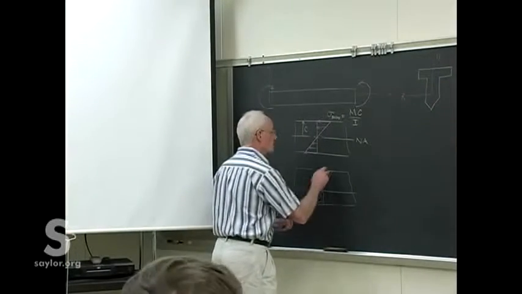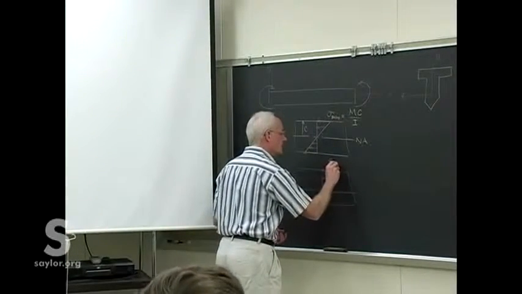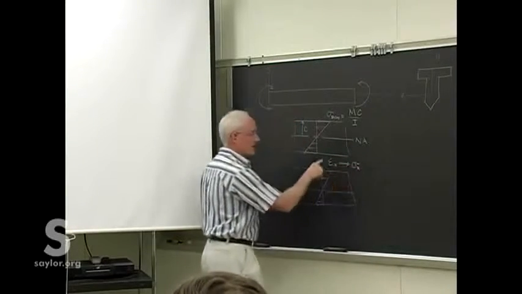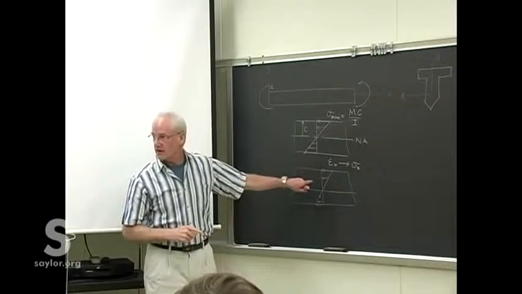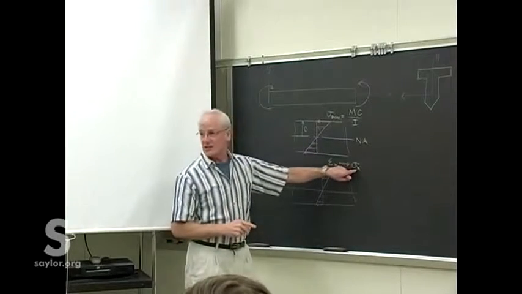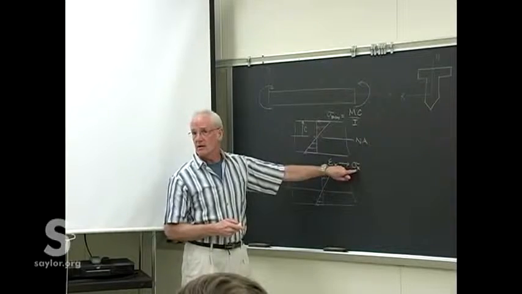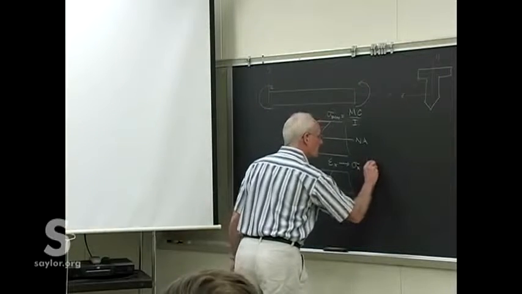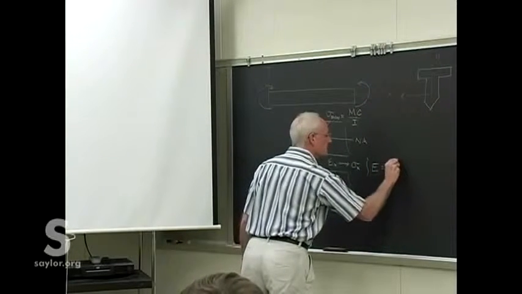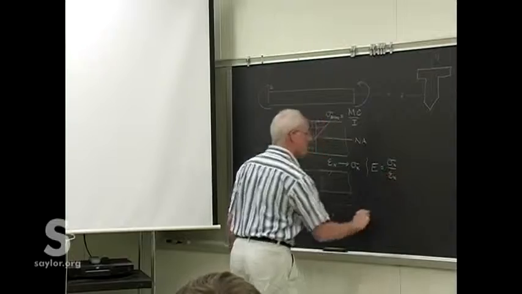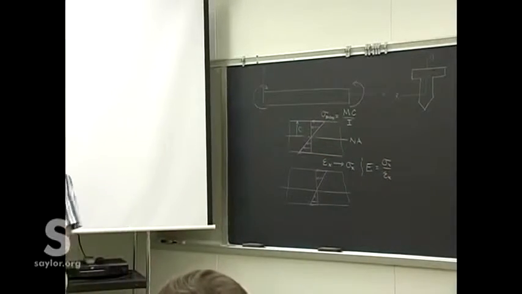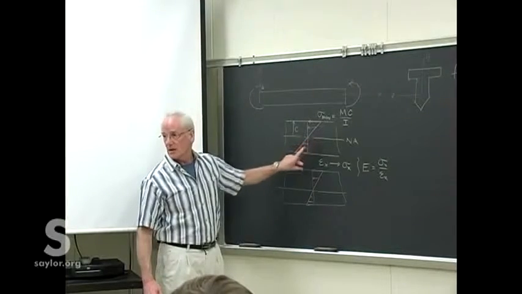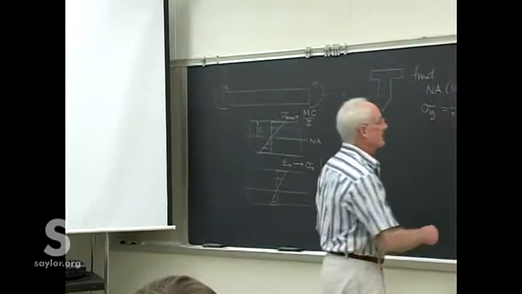The strain distribution, which is what we found first to be linear, led to the stress distribution, sorry, other way around. The stress distribution is also linear because they're related by a constant. If you remember, they're related by Young's modulus. And since that's a constant, then if the strain distribution is linear, so is the stress distribution. We're going to need that in a second when we get to that.